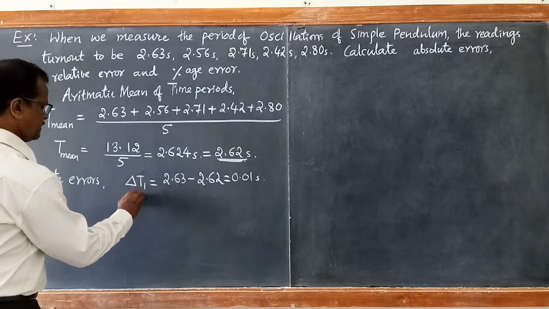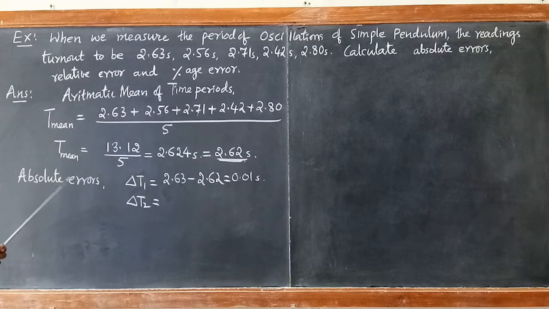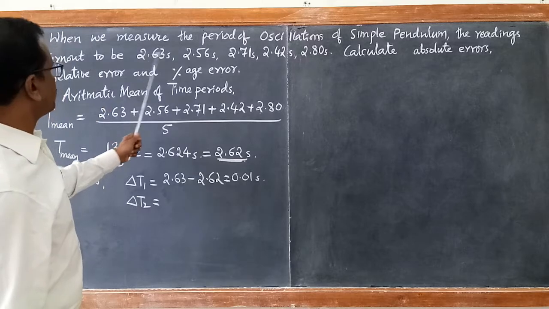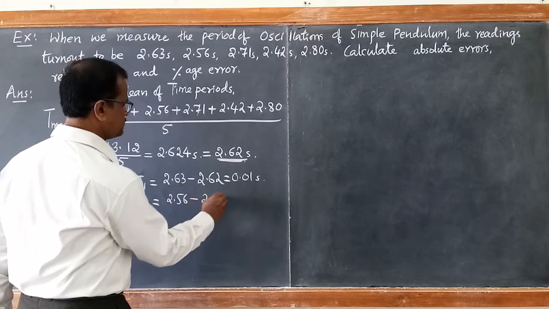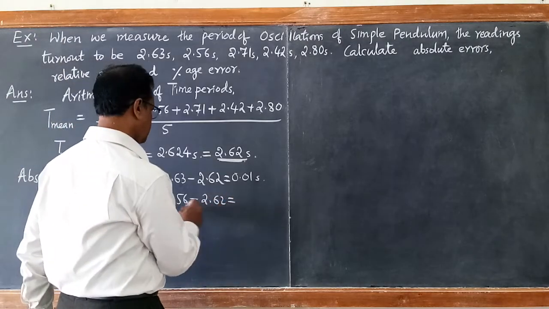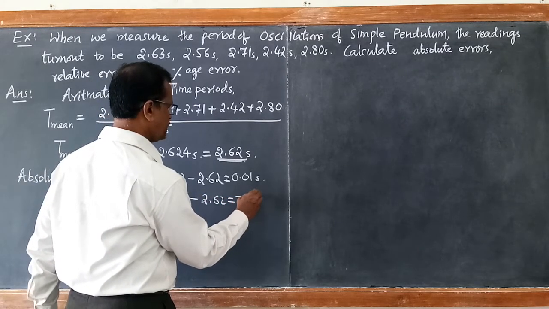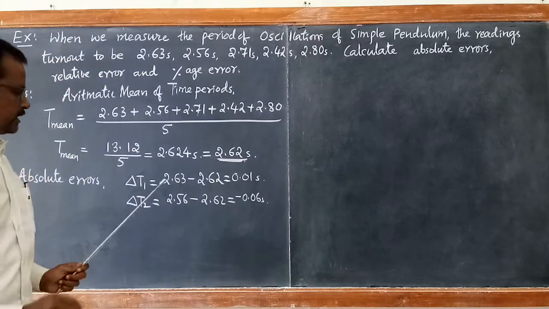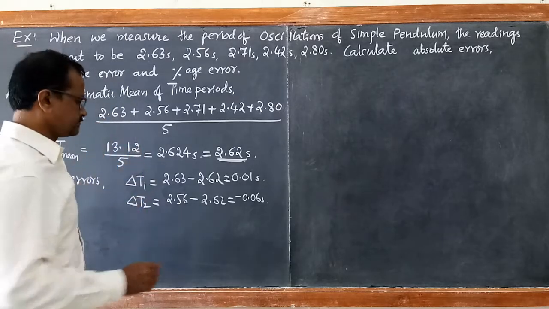Now similarly you take delta T2. These are all absolute errors. Delta T2 is 2.56 minus 2.62, where 2.62 is the mean value. So this comes out to be minus 0.06. But we have to take the positive value, that is we have to take the magnitude, modulus, that we will write later.